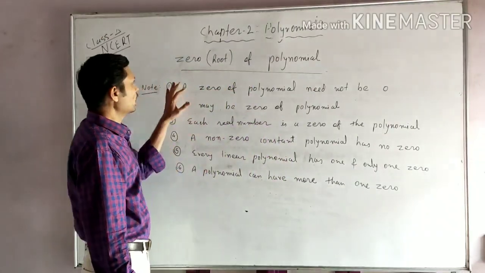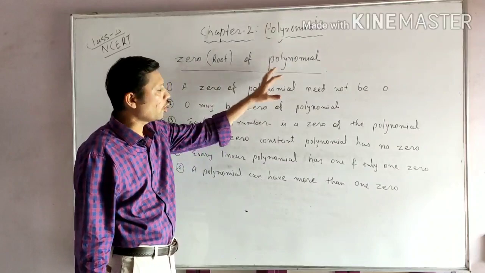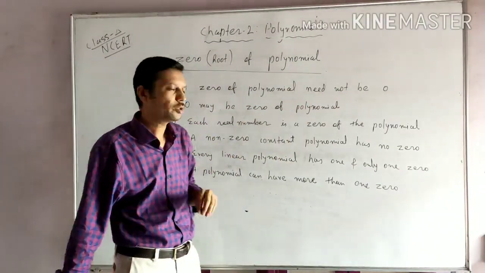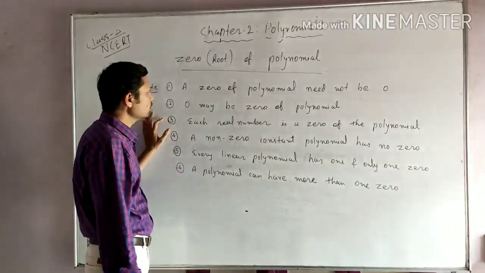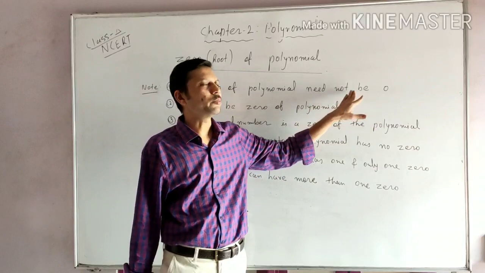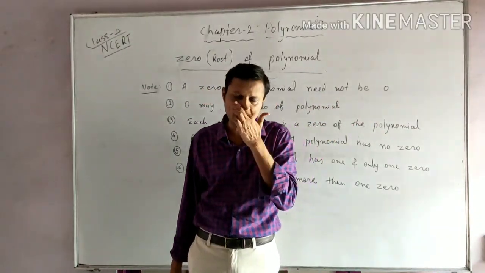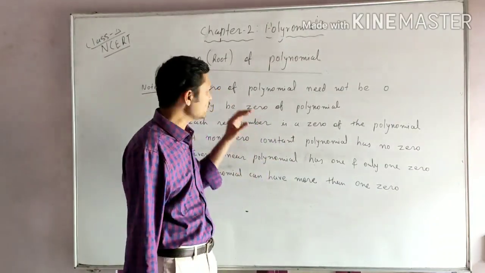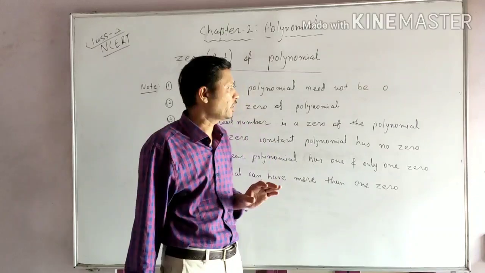Okay, now zero, that means the root of the polynomial. Some notes, important key points that we have to remember. First point, a zero of a polynomial need not be 0. Any real number may be a possible zero of the polynomial, but it is not necessary that 0 is always the zero of your polynomial, right?